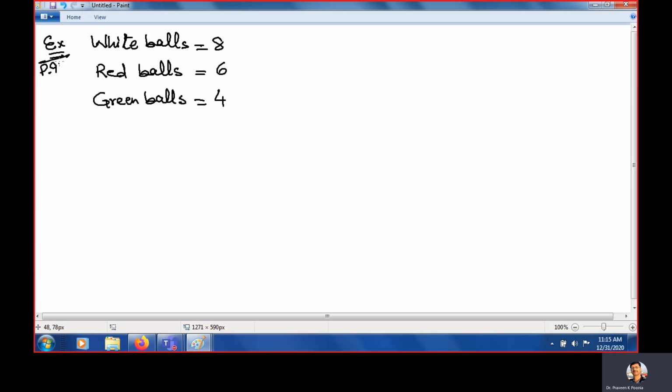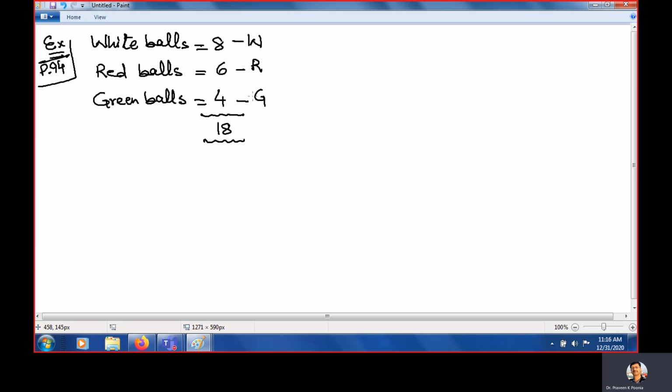You can read it in your book. How many total balls? It is 18 total balls. Clear? White balls are denoted by W, red balls by R, and green balls by G.